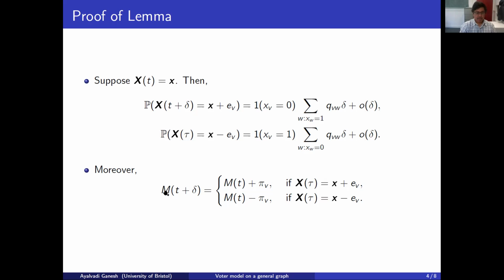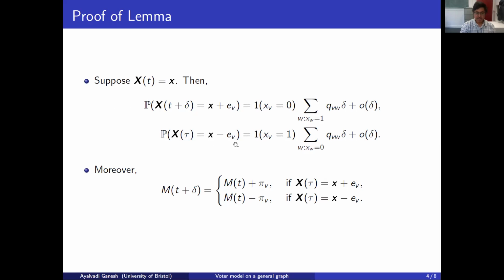And how does the value of the Martingale change? So what happens to m of t plus delta? Recall that m was defined as the row vector pi times the column vector x. So if x increases by 1 in the vth position and all other elements stay the same, then m increases by pi v, the vth element of the row vector pi.